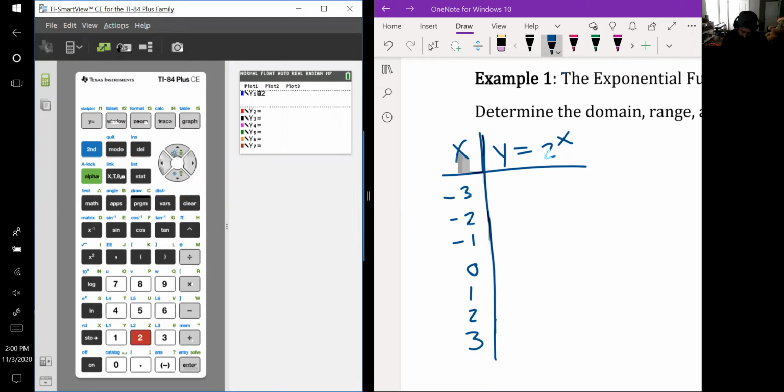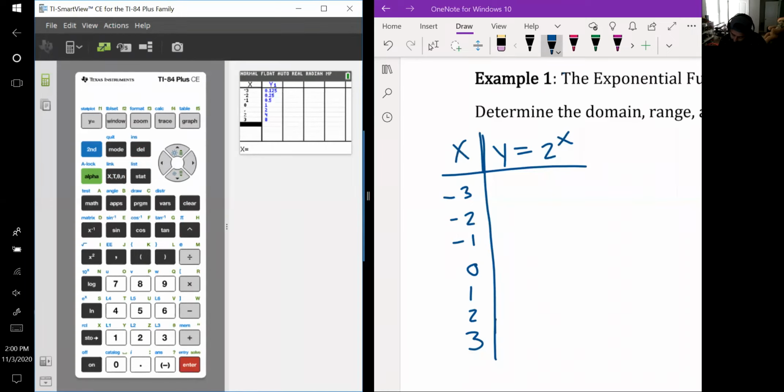So I'll say 2 raised to the x power, enter, second table, and -3, -2, -1, 0, 1, 2, 3. Okay, look, and there's my values. So I get 0.125, I get 0.25, 0.5, 1, 2, 4, 8. Okay.